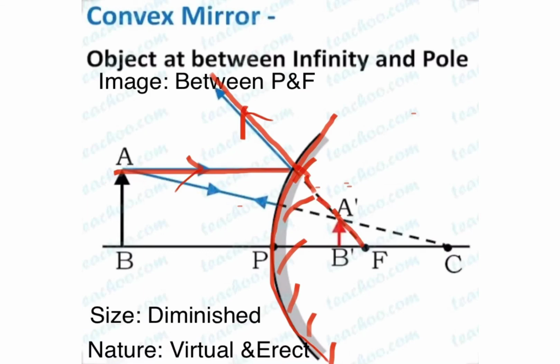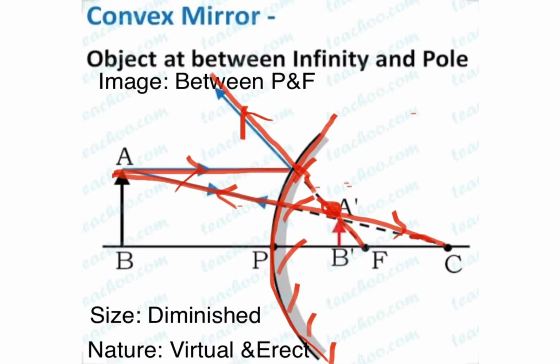Now, we will consider the second ray which is passing through C. So, this is the ray which is passing through C. This is the incident ray and this will be the reflected ray also, because we know that the incident ray and reflected ray follow the same path when they are passing through C. Now you can see that both reflected rays are meeting here, that is at point A dash.